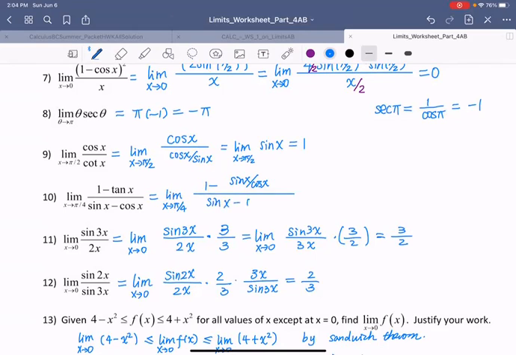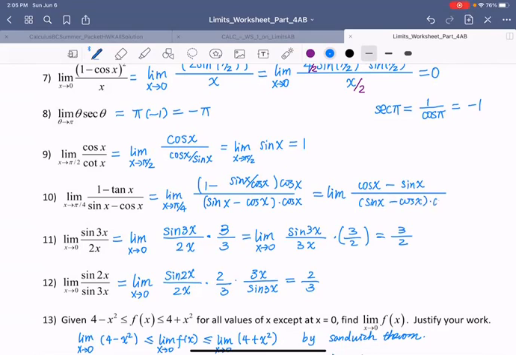So it becomes 1 minus cosine x minus sine x over sine x minus cosine x times cosine x. Very good. After we multiply, this becomes 2 cosine x. The second term becomes 2 sine x. And the bottom one is sine x minus cosine x.